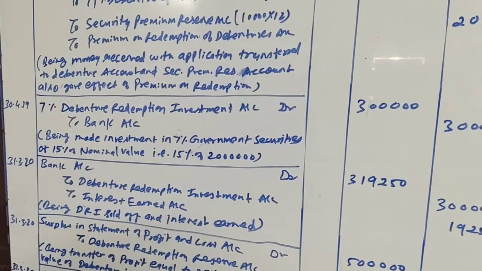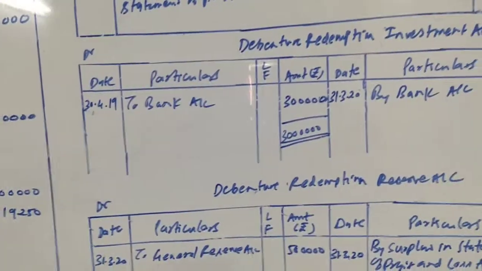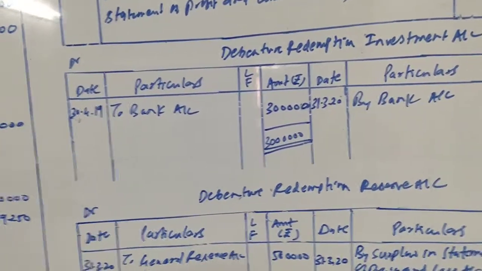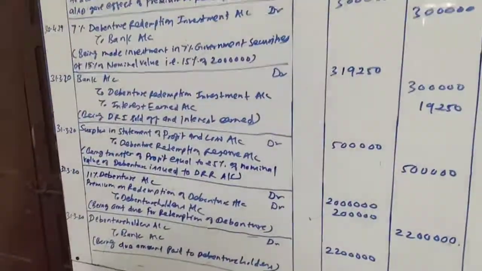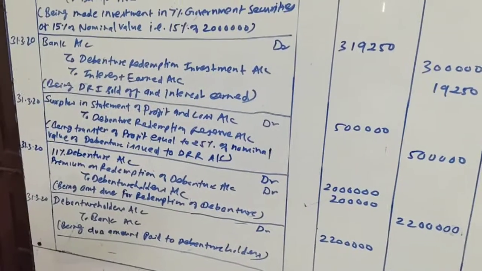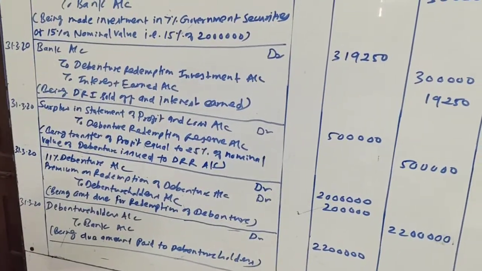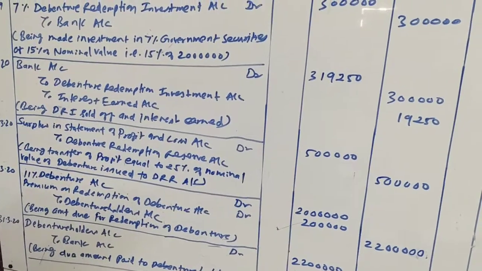debenture redemption investment account debit to bank account 3 lakh, so here the posting will be done to bank account at the debit side of debenture redemption investment. How much? 3 lakh. Now on 31/3/2020 it is sold off, so bank account is debited and debenture redemption investment account is credited with rupees 3 lakh.